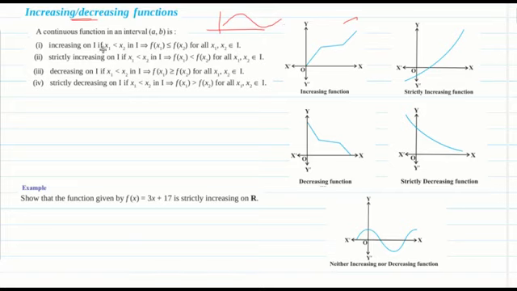The first case actually is the increasing function. Children, you can take any two numbers. They are giving the interval a comma b. In between you can take x1 and x2 in the given interval. Okay, I am taking that x1 less than x2. I am just substituting in the function, f of x1.